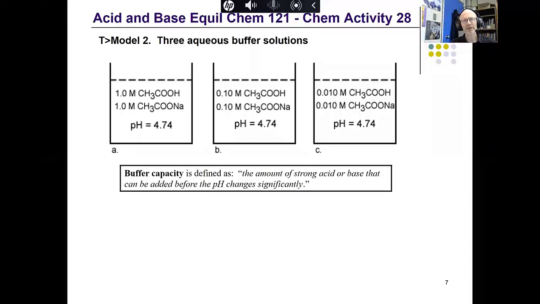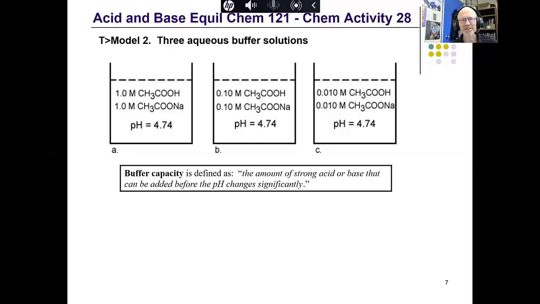Which one would be better at resisting a change in pH? Would it be buffer A? Would it be buffer B? Or would it be buffer C? You can see that there's something about the concentration, right? And maybe that's just kind of intuitive, that if you've got more of the buffer component, that's going to be helpful.